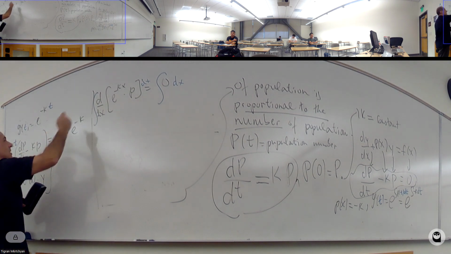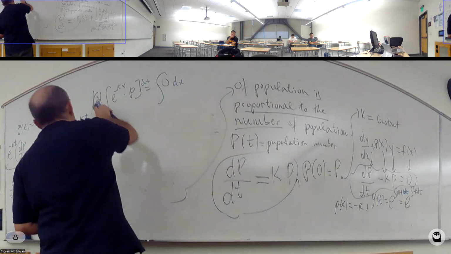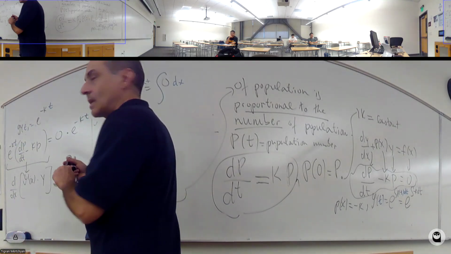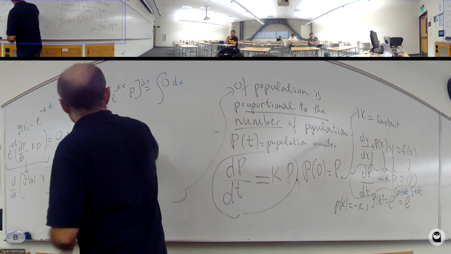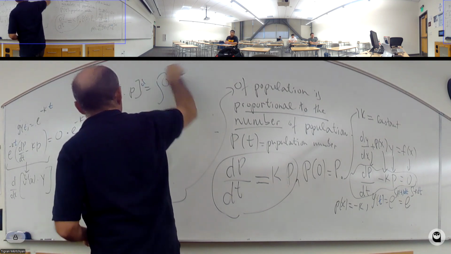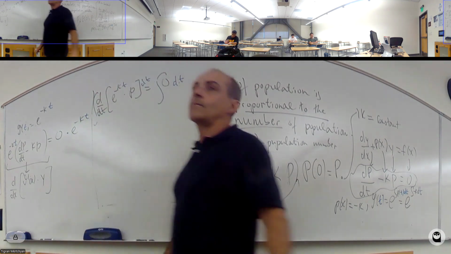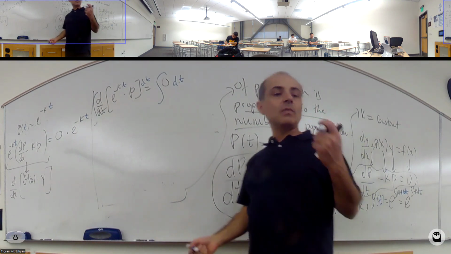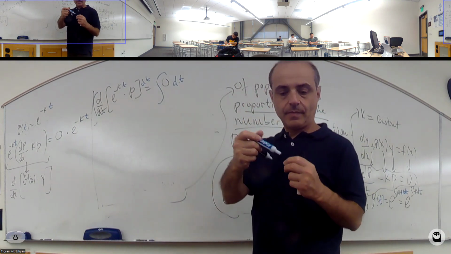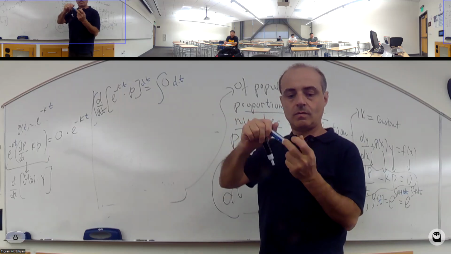This was the formula. There's going to be d dt. Integral and derivative cancel, we get what?